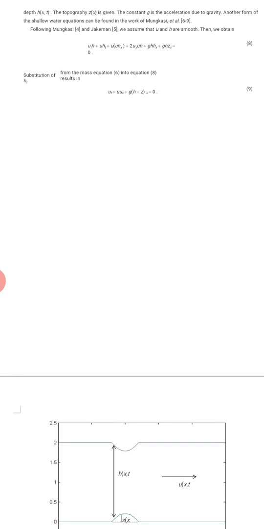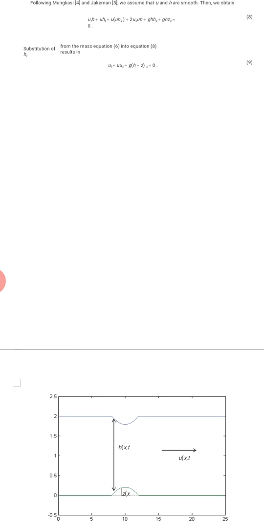Then we can assume that u and h are smooth. Then we obtain u into h_t plus u into h_x plus 2 into u_x into u h plus g into h_x plus g h z_x equal to 0.